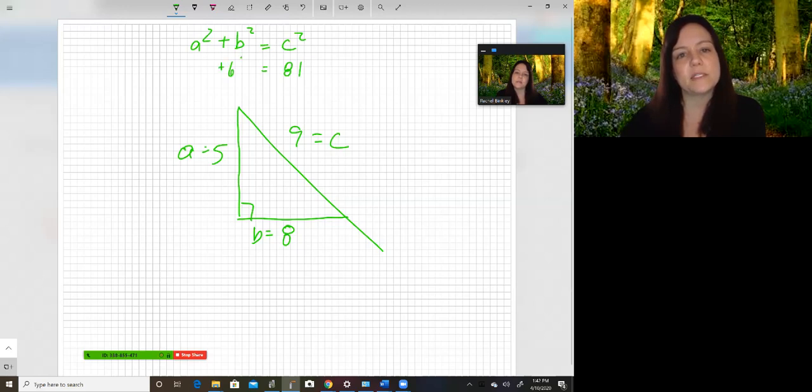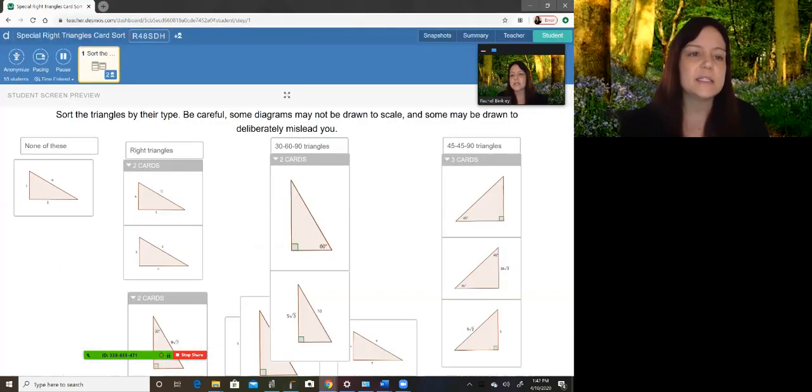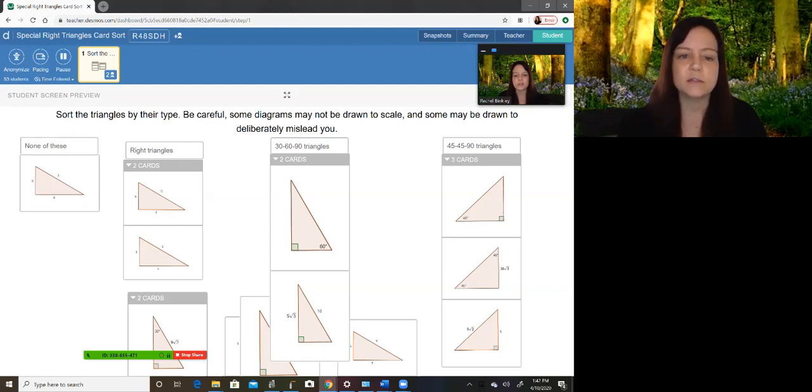B squared is going to be 64. A squared is going to be 25. So the question you're trying to answer for yourself is: is 25 plus 64 equal to 81? 4 and 5 is 9, 6 and 2 is 8. Nope, it's equal to 89. So that triangle is none of those. It is not a right triangle.